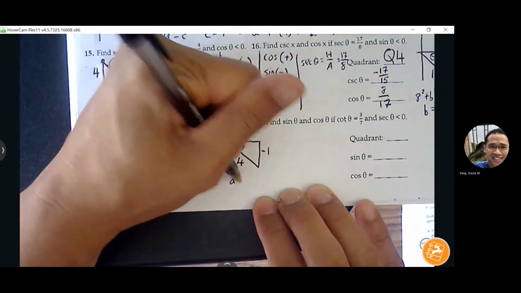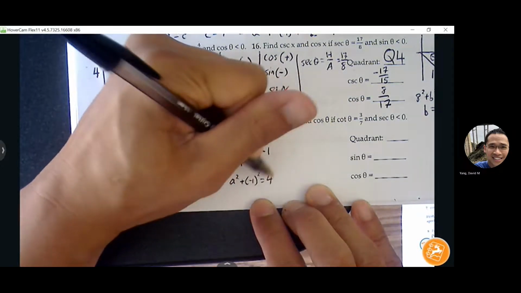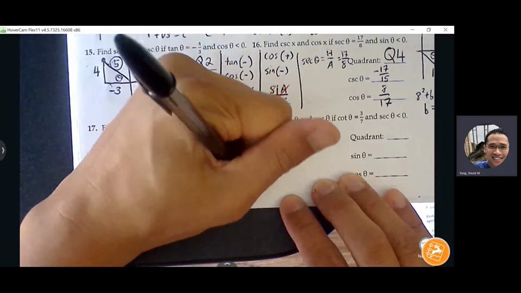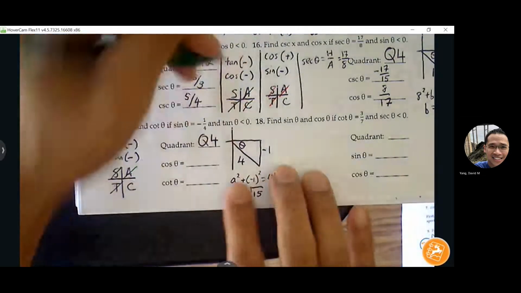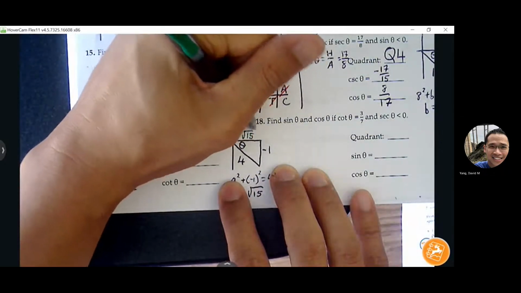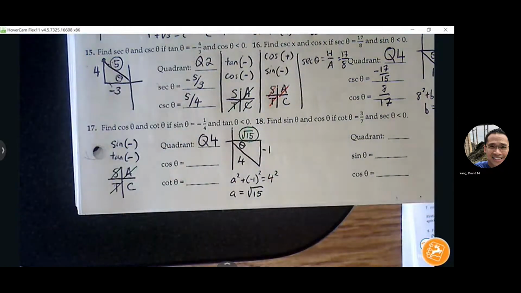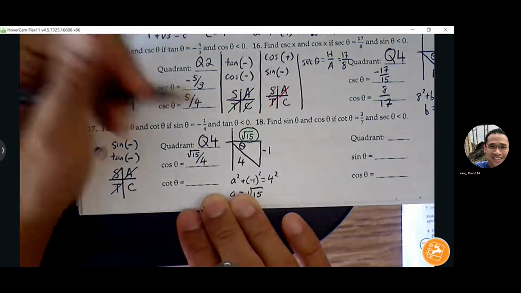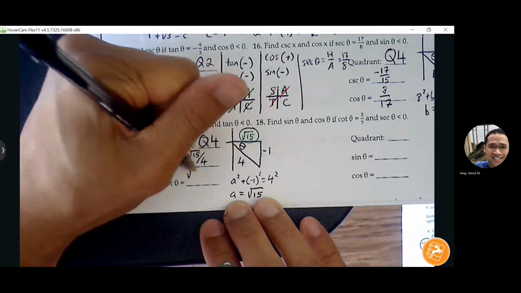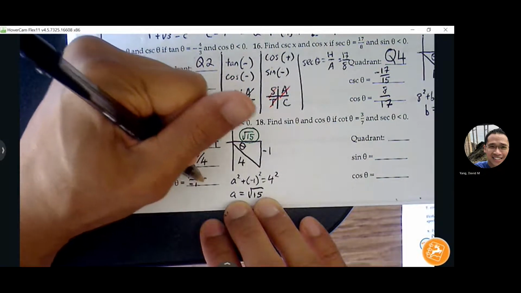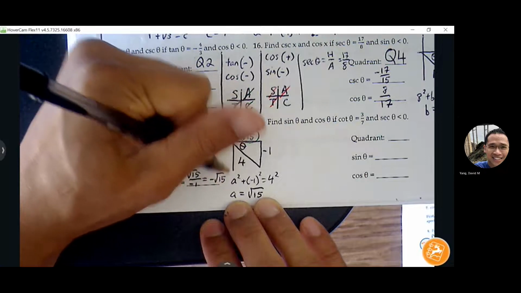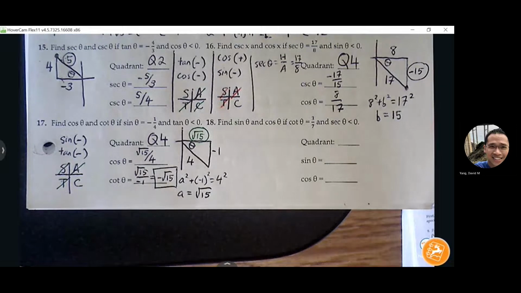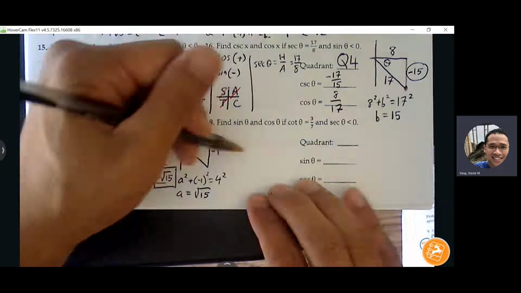Pythagorean theorem. 16 minus 1 is 15, so we take the square root of that. Sorry, 18.